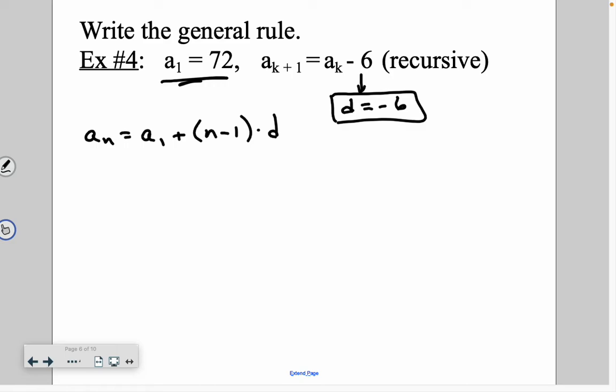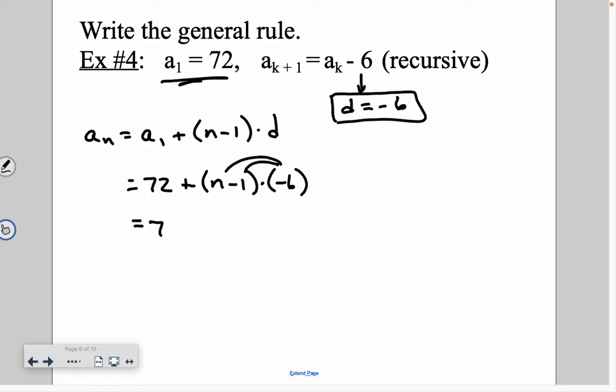So let's plug in the first term of 72. Let's plug in our common difference of negative 6. And now we can just simplify that down to a formula, like what you had yesterday. So I'm going to take that negative 6 and distribute. Okay.